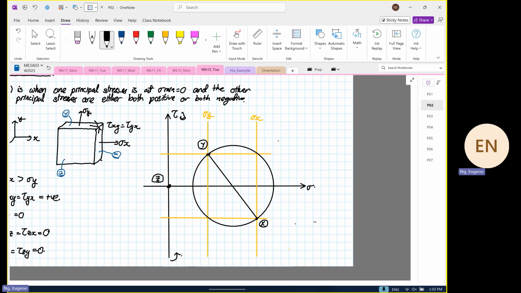So we know that this is equal to our XY plane. Now, if you were to use this circle to calculate your tau max, if you are just going to use the 2D Mohr's circle to calculate your tau max, you're going to be in a lot of trouble.